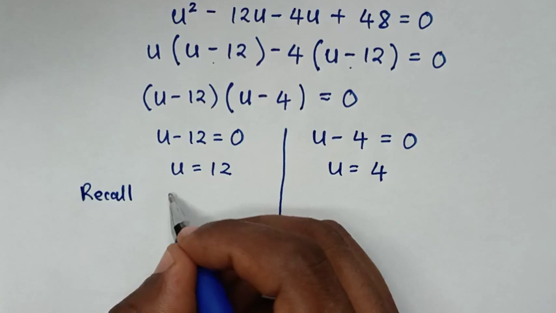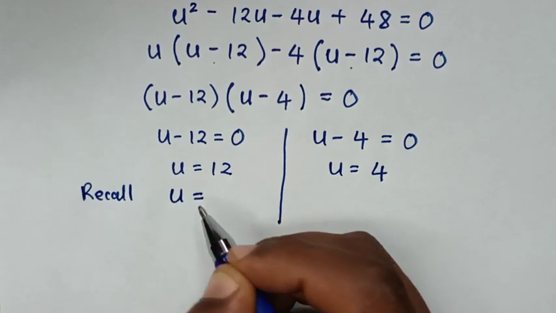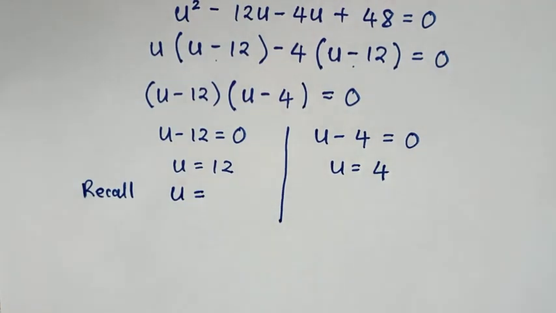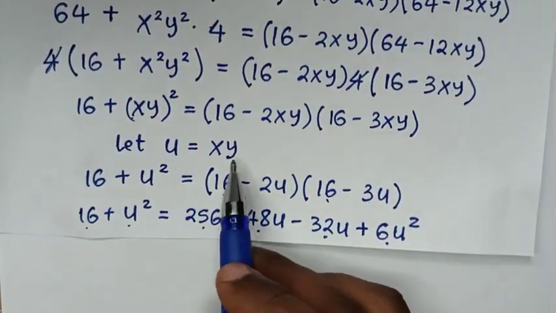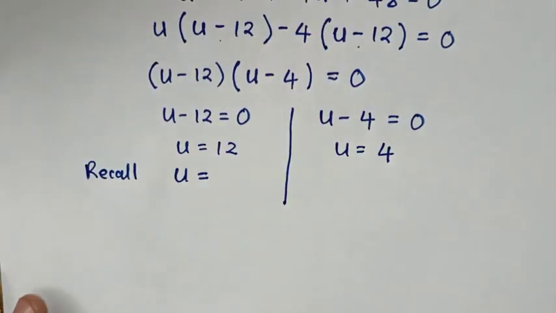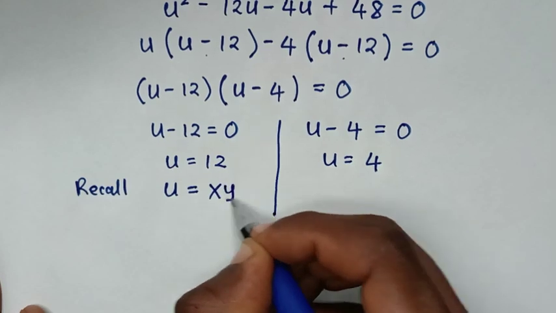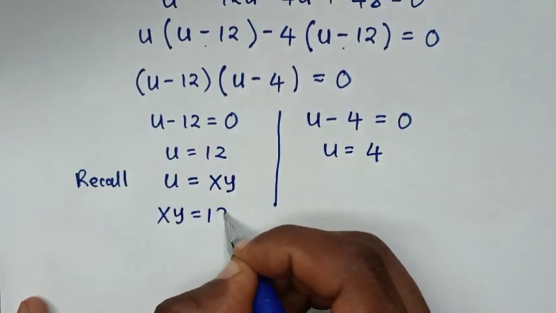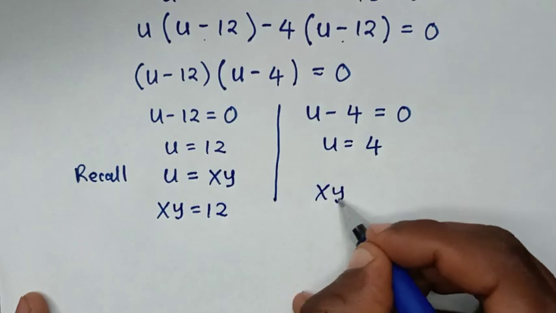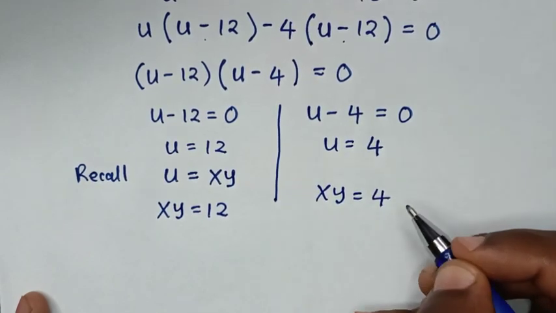before, from this equation here, we let u is equal to xy, so we substitute u, which is xy, so it will be xy is equal to 12, and here xy is equal to 4.